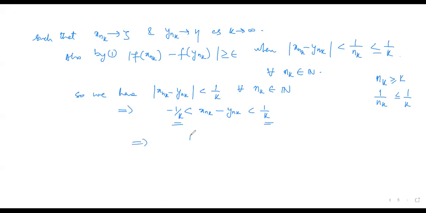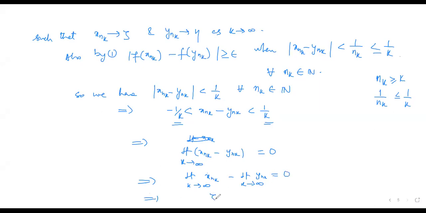It implies that limit of xn sub k minus yn sub k is equal to 0 as k goes to infinity, which implies that, by the rules of limits, zeta minus eta is equal to 0, which implies that then the zeta must be equal to eta.